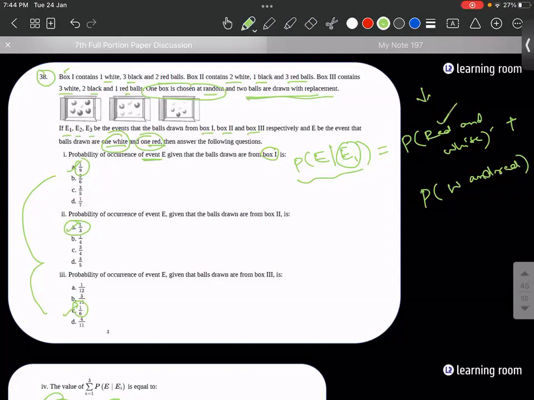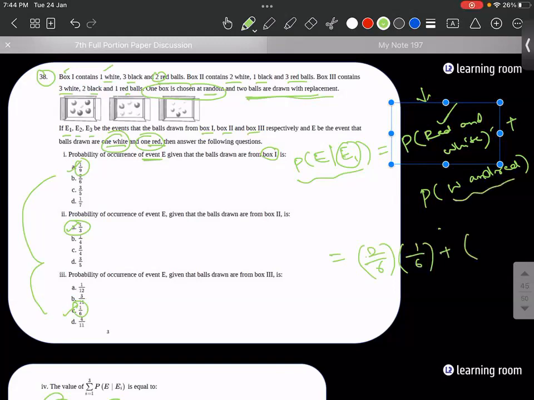So probability of getting a red is how much? It is 1 by 2, that is 2 by 6, into what is the probability of getting a white from the first? It is 1 out of 6.